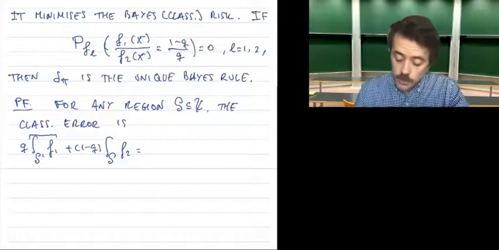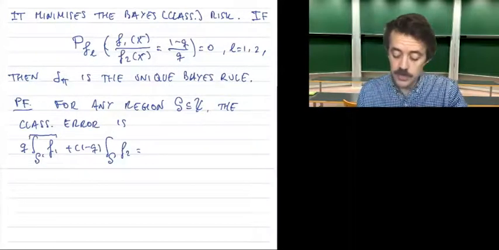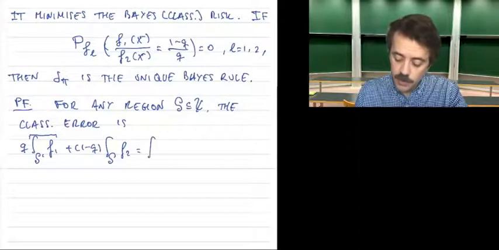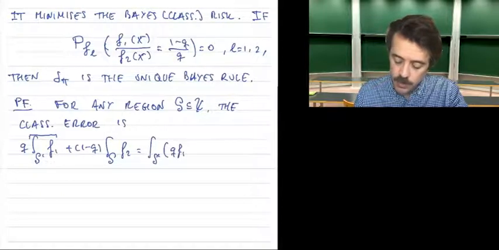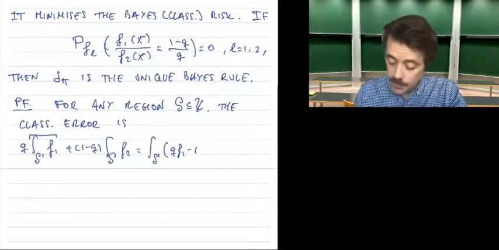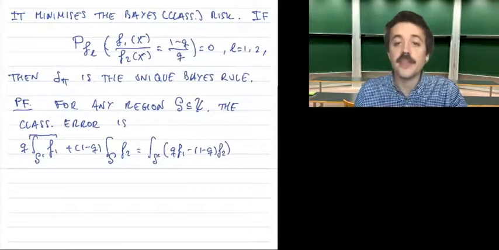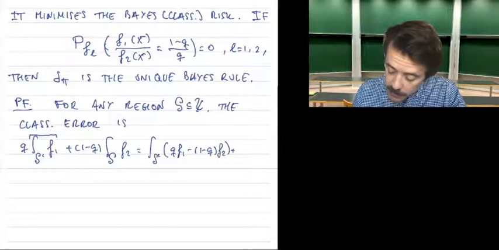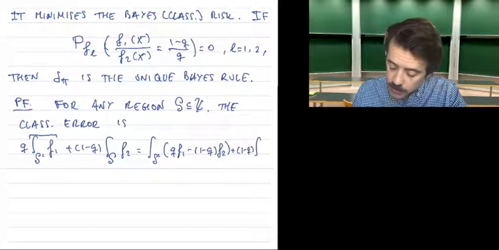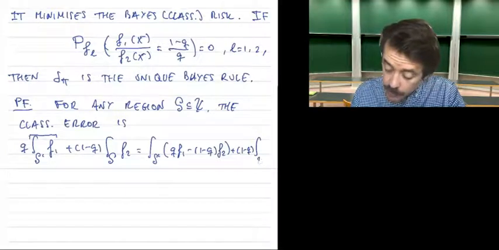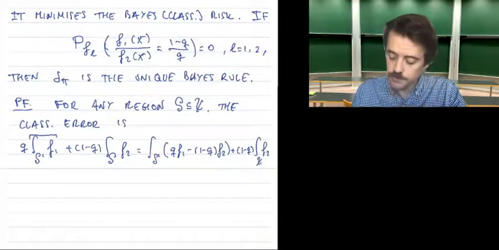Then we can write the second integral in terms of the complement of S and get the following: q F1 minus (1 minus q) F2, and the second term we get is just 1 minus q times the integral over the whole of X of F2, right?